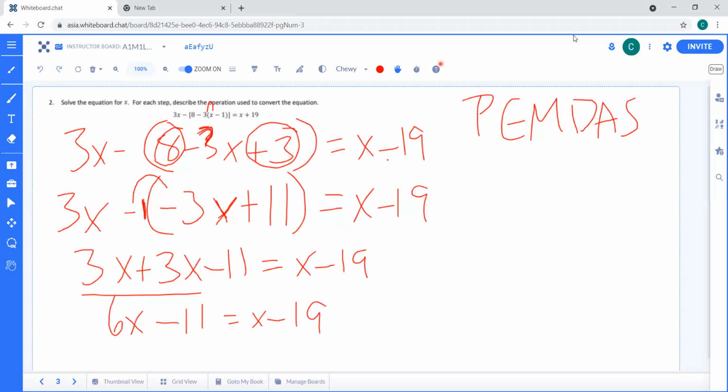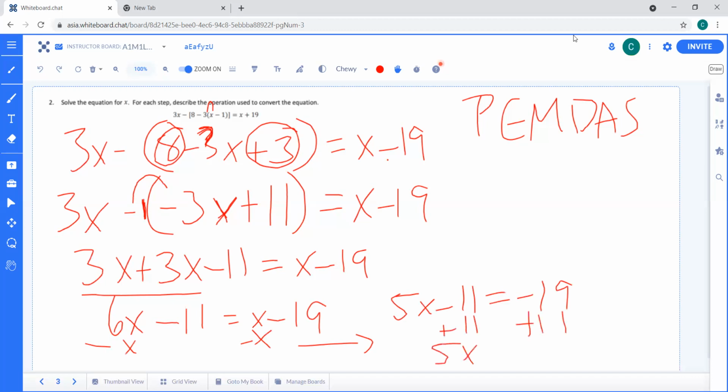Now we can subtract x from both sides. That leaves us with, we'll rewrite it over here, 5x minus 11 is equal to a negative 19. We'll add 11 to both sides. That's going to be 5x is equal to a negative 8.